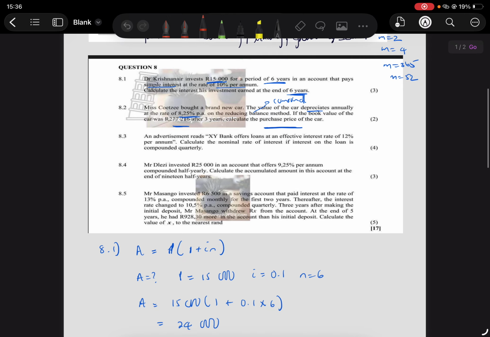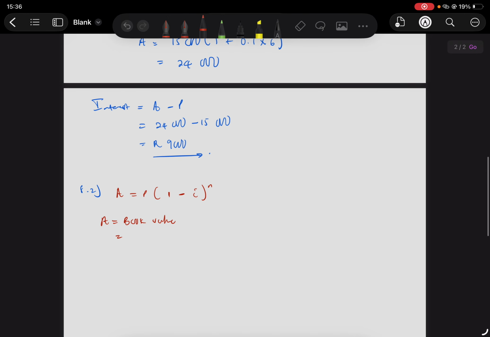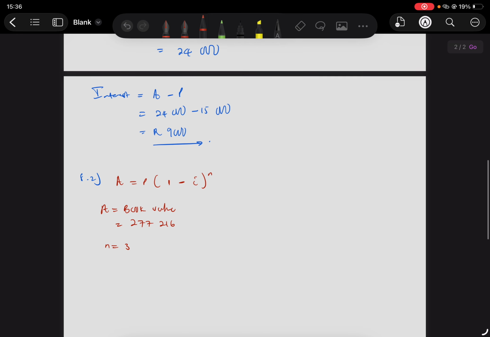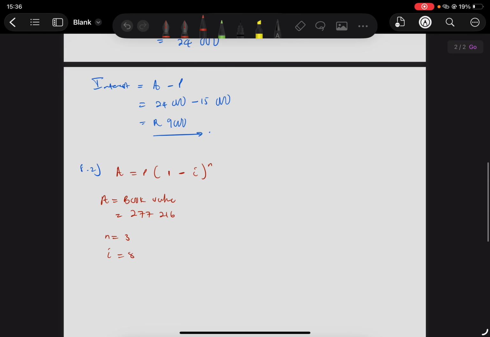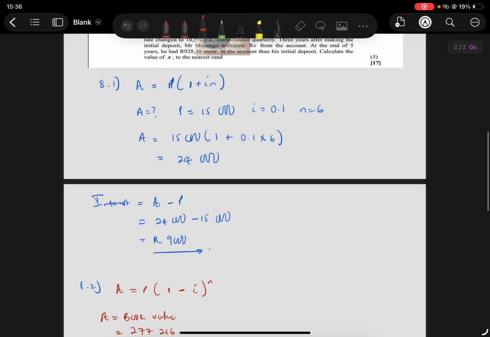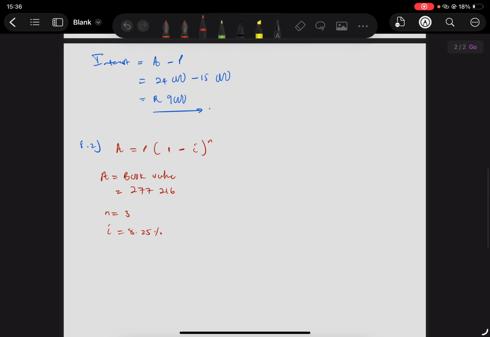And this is given as 277,216. Your n is 3. Your i is 8.25% per annum.